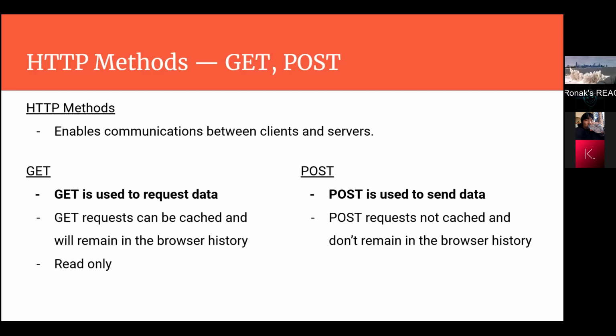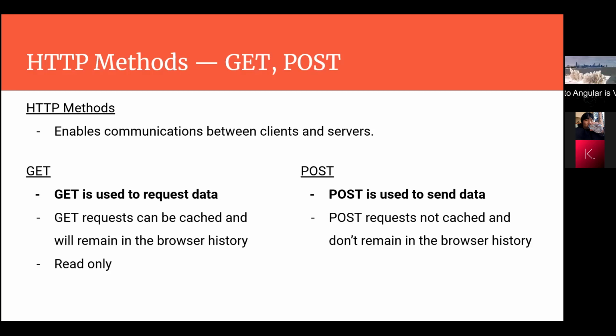There are a lot of different methods for HTTP requests, but some of the most popular ones are GET and POST. So we're going to go over those two. GET is used to request data from a specified resource. GET requests can be cached and they're going to remain in your browser history.